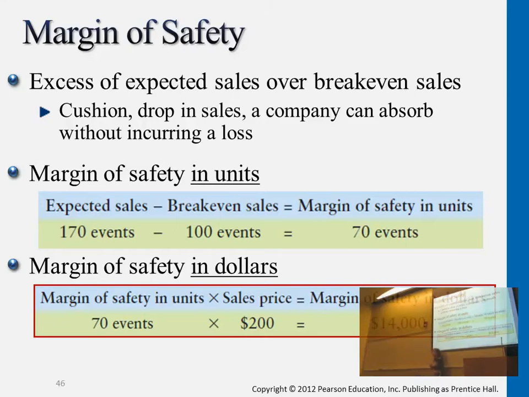So margin of safety really is just any sales amount that you went above break-even sales. The difference, the $2,000, is what we call margin of safety. The reason we call it safety is that this is like a deposit you make up front in the business, like a deposit for rainy days.